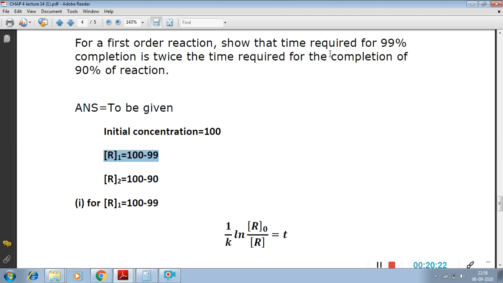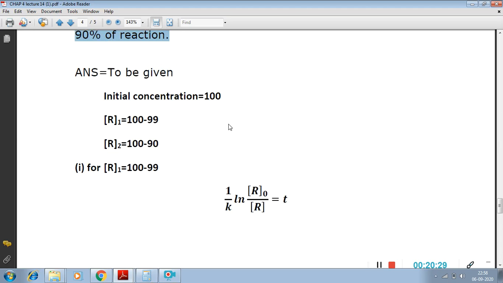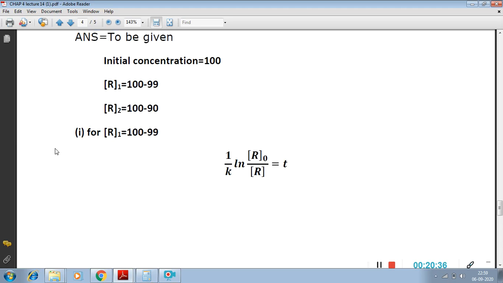Similarly, we have to calculate the time for 90% completion of the reaction. For that condition, R2 is equal to 100 minus 90, so it will be 10. Now for the first condition, R1 is 100 minus 99, that is 1, and the reaction is first order, so again the integrated rate equation is 1 by K into ln R0 by R is equal to T. Now put the values in the equation.